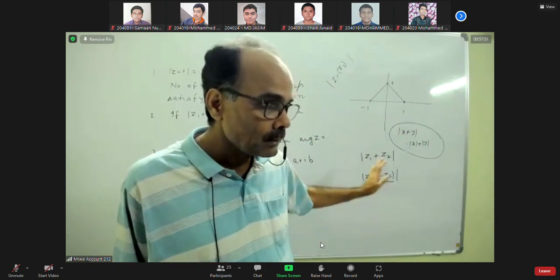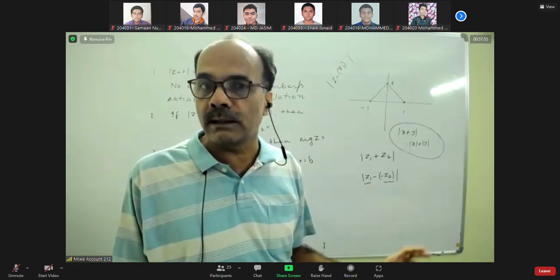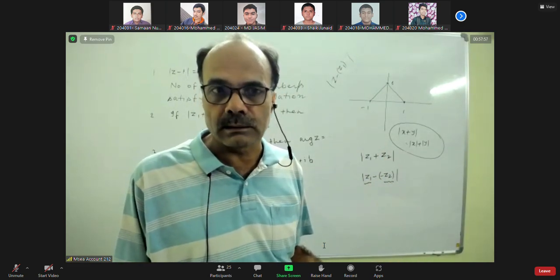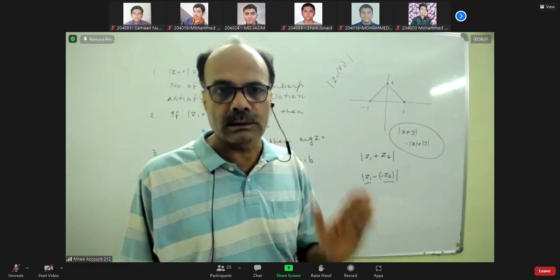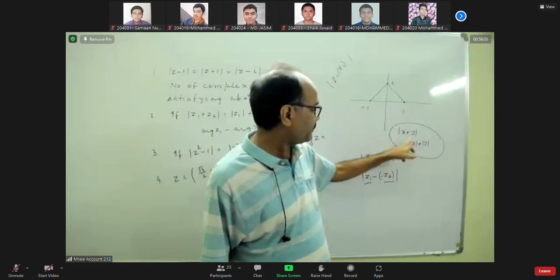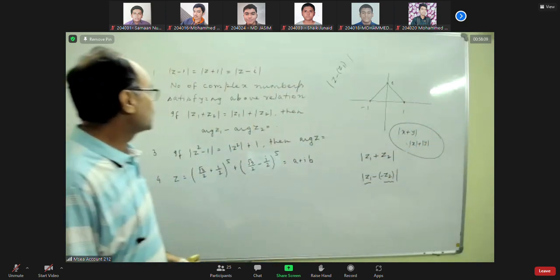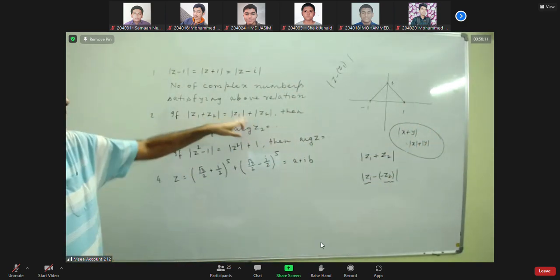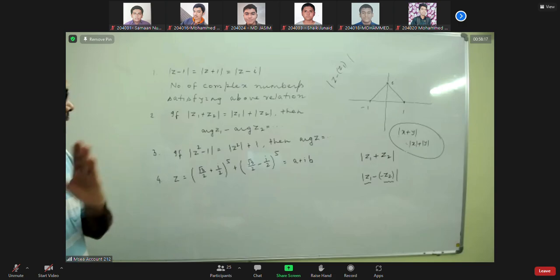But equality holds when x and y both have the same sign, on the same line. Equality holds if x and y are both positive or both negative. So here also equality holds if z1, z2 and the origin lie on the same line.